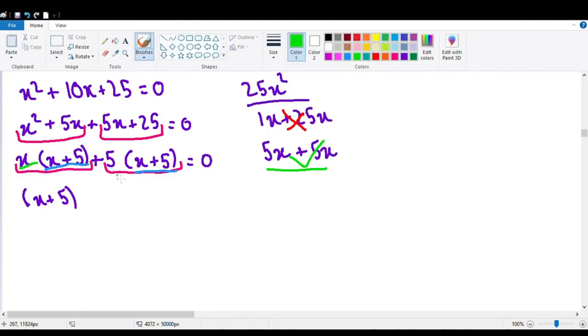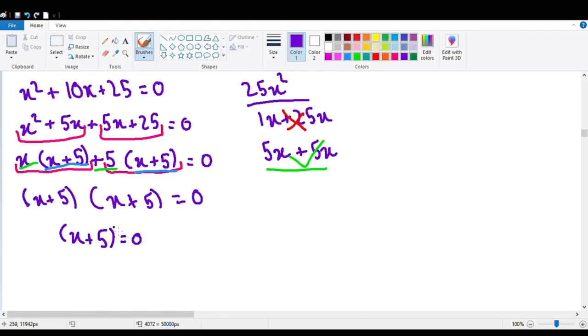We're also going to write them in brackets, so it's going to be x plus 5 equal to 0. Now we're going to individually write them, so x plus 5 equal to 0 and x plus 5 equal to 0.